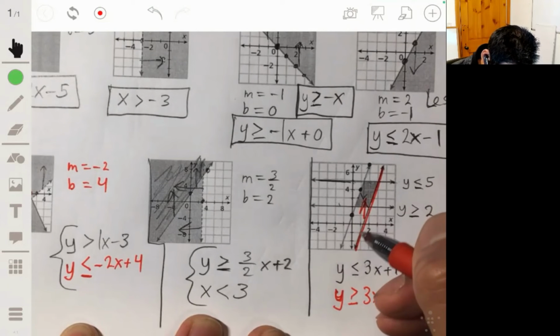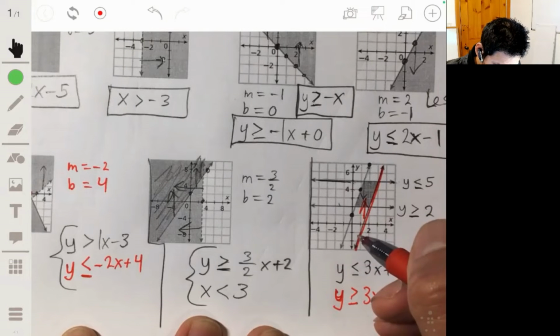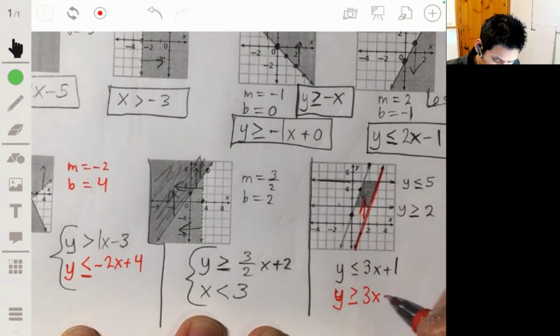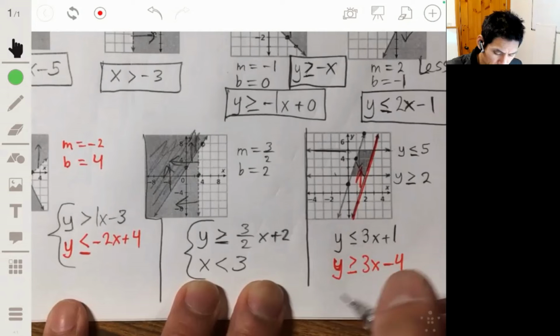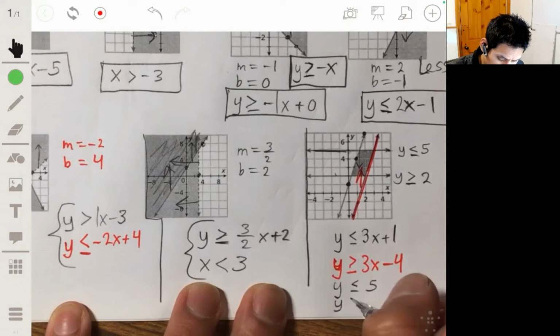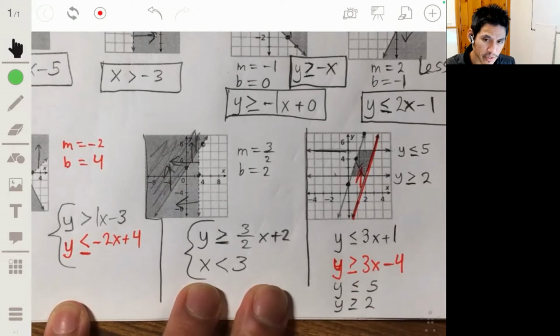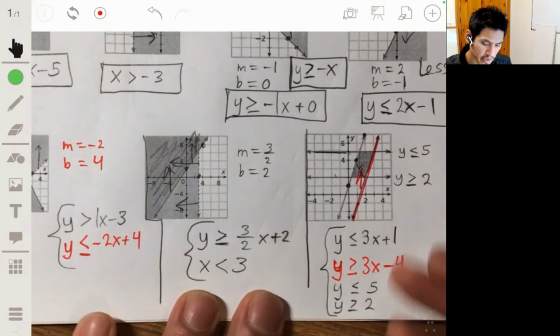And it would scale down to 4 if you were to calculate 1, 2, 3, because it goes through here, and you can calculate to be -4. But then let's throw the other 2 into the system. Doesn't actually matter the order if you put them in, but put them all into this brace, and there we go.